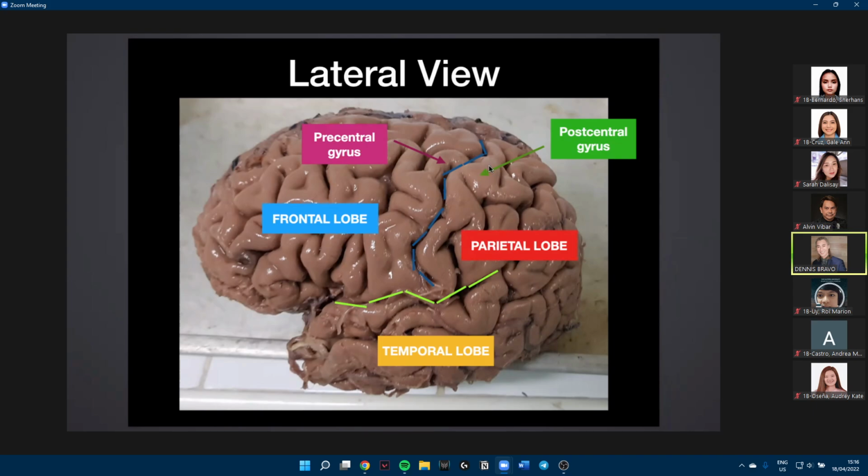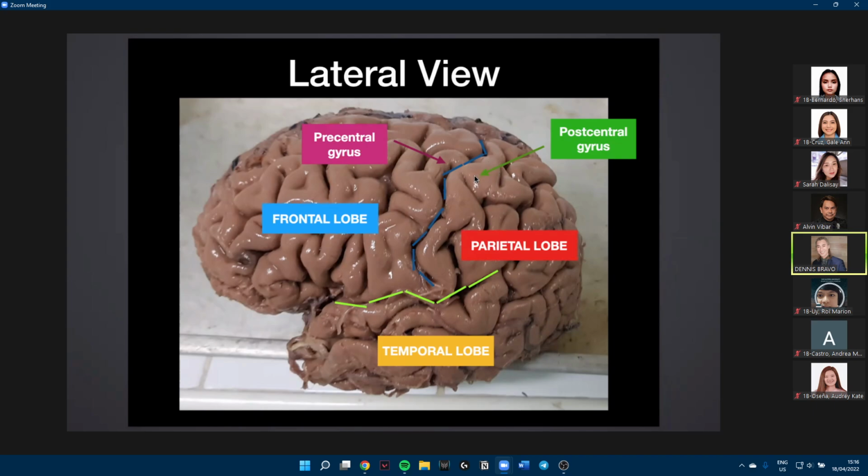Now, what about the post-central gyrus? This is also referred to as Brodmann area 3, 1, 2 if we're going to use the Brodmann area classification. Functionally, it can also be called the primary somatosensory area.